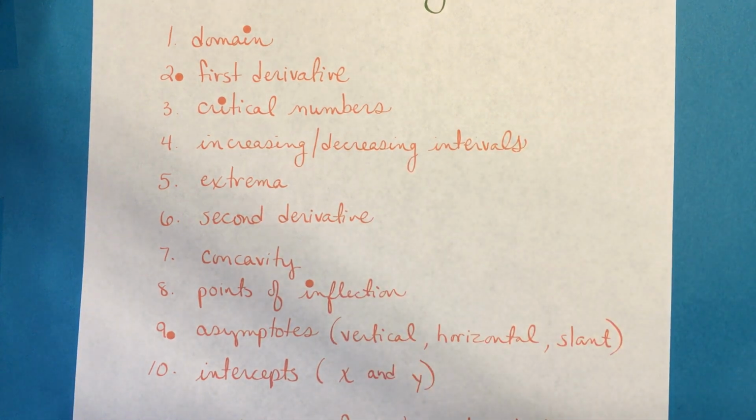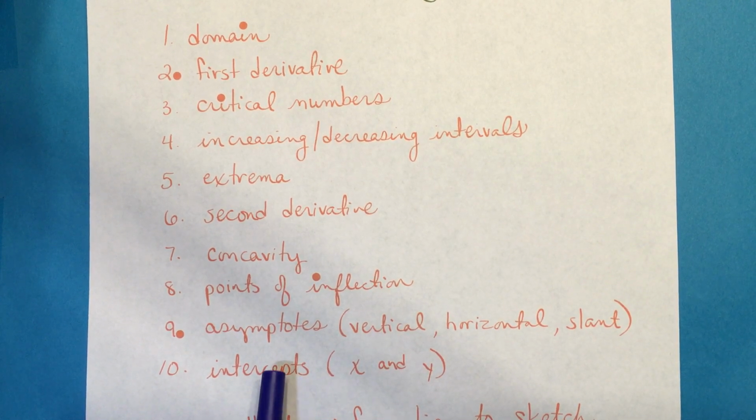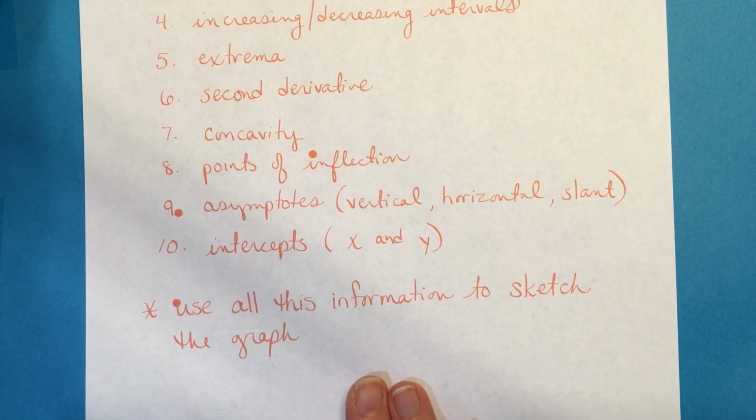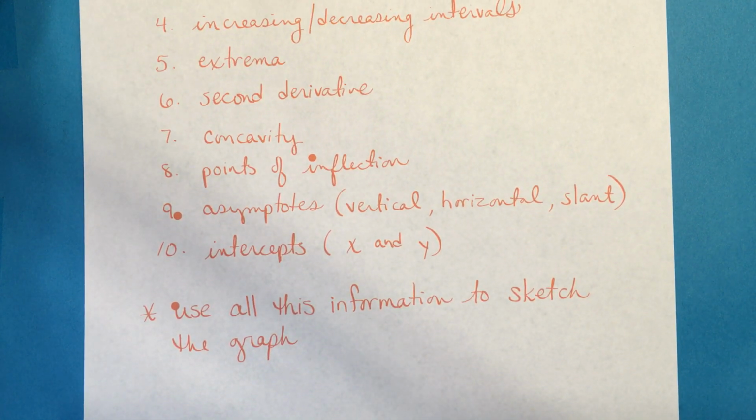And then you need to determine if the function has any asymptotes, and that could be vertical, horizontal, or slant. And then also determine if you have any intercepts. Of course, that would be your x and your y intercepts. And then, as I said, you're going to use all of this information in order to graph the function, just to get a rough sketch of it.